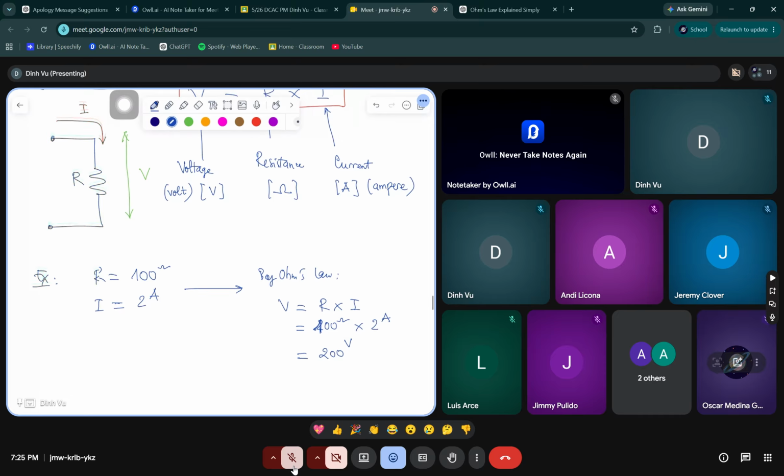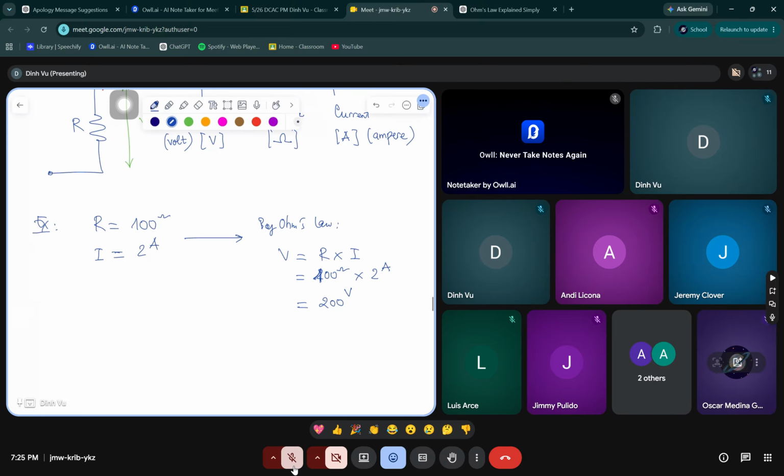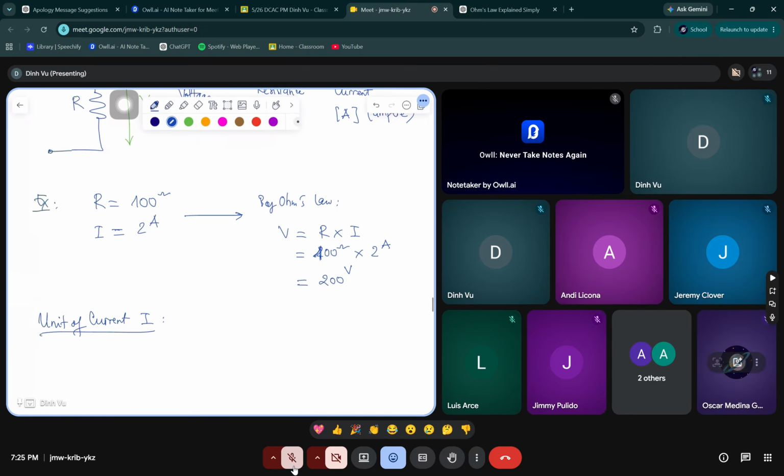Okay. Now, for the unit of current I, the basic unit is ampere. A stands for ampere.